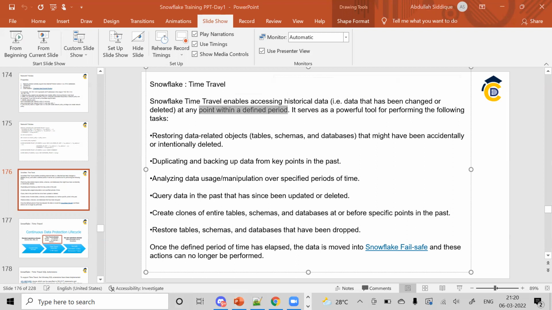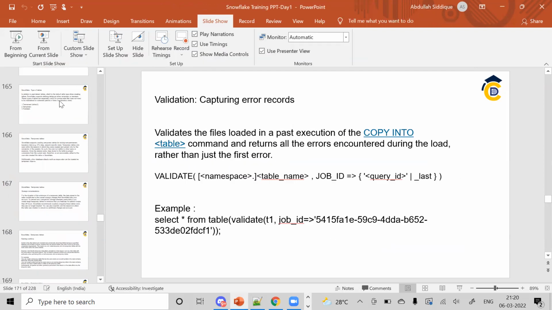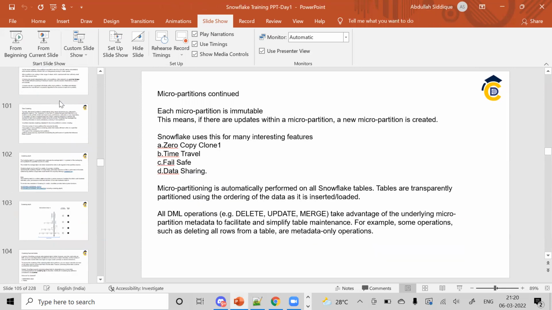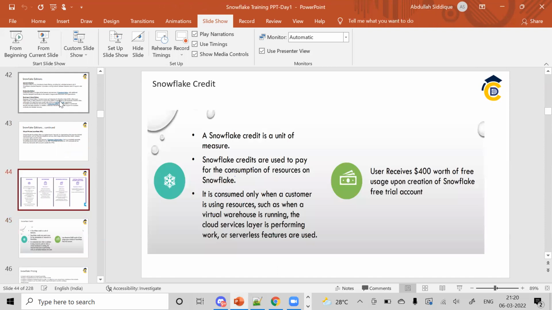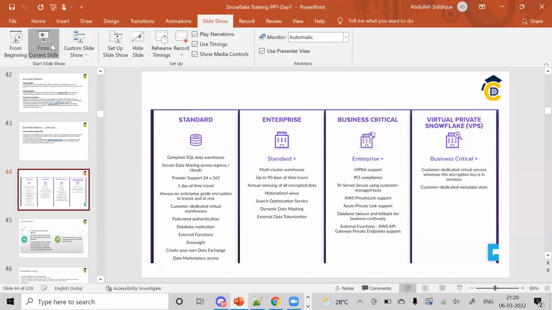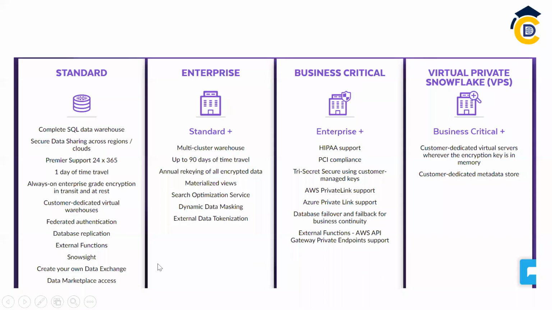If you remember the editions of Snowflake from the very first classes, we saw time travel there.